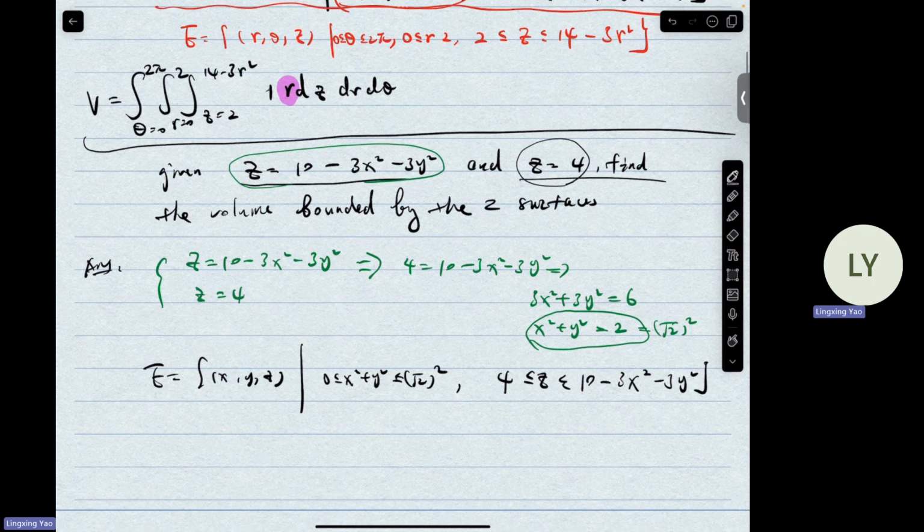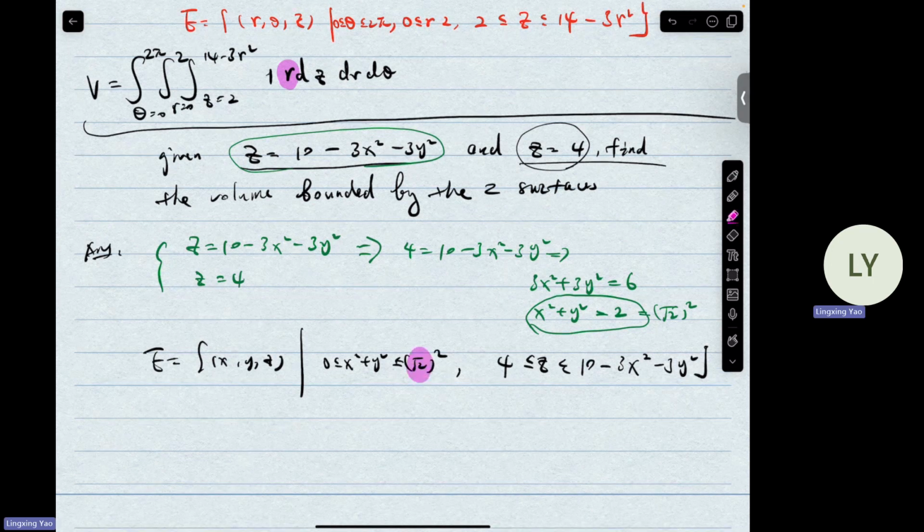Remember, now you can see this radius is not the same number as this. And the key for us to figure out the projection is to find the intersection.